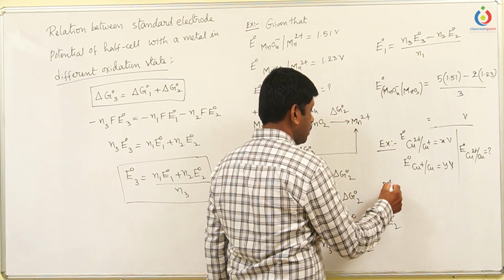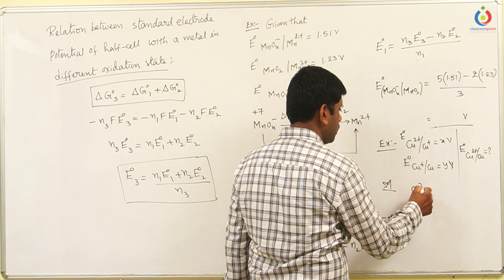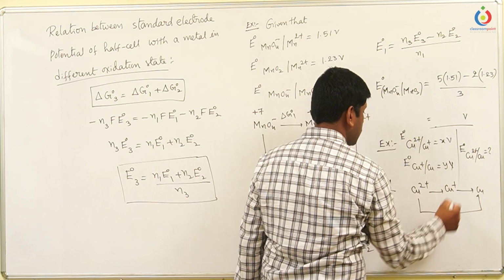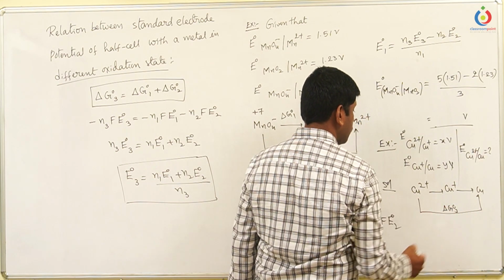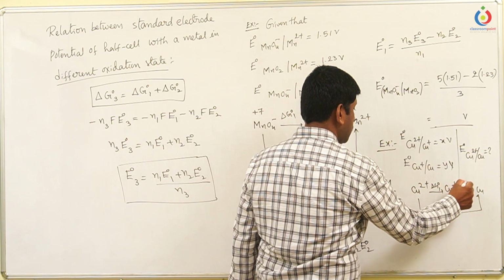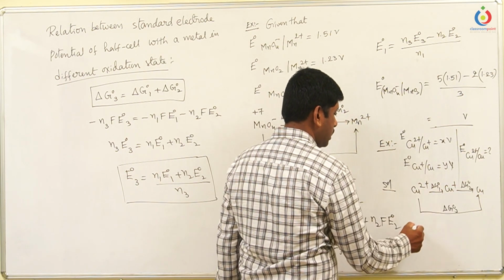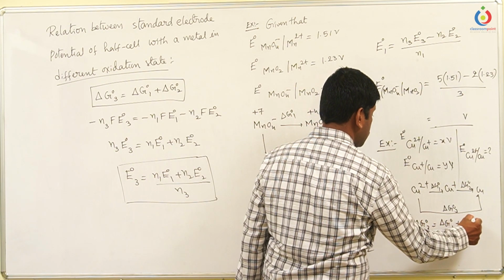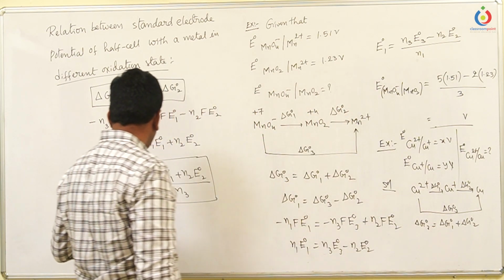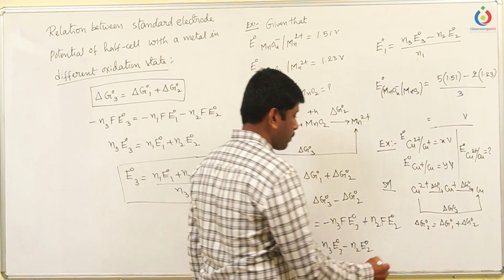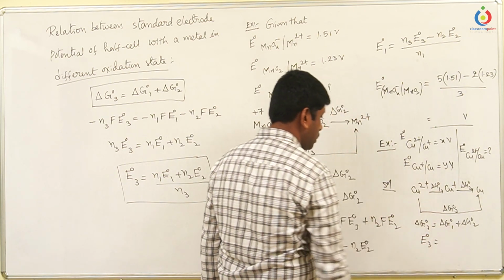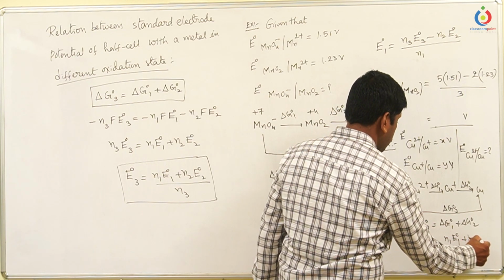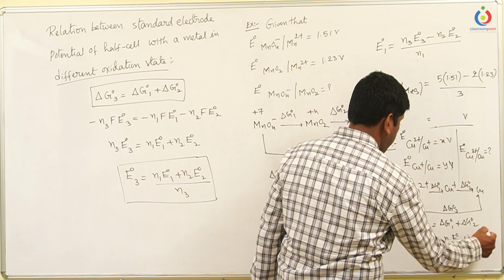Let's write the equation: Cu2 plus changes to Cu plus, which changes to Cu. Cu2 plus to Cu is the question mark, that is delta G03, and this is delta G01, this is delta G02. So delta G03 equals delta G01 plus delta G02, which gives E03 equals N1 E01 plus N2 E02 divided by N3.